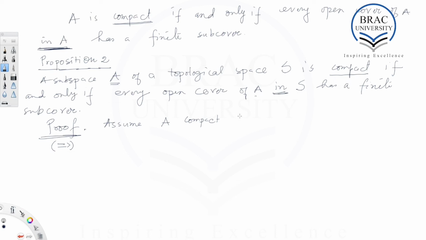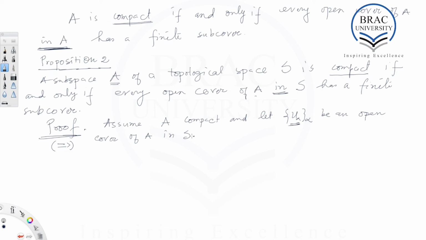And so we have to start with an open cover of A in S. So we assume that U alpha is an open cover of A in S. We have to show that there is a finite subcover of this cover. Then we are done with this direction.